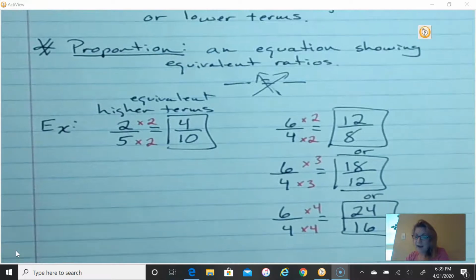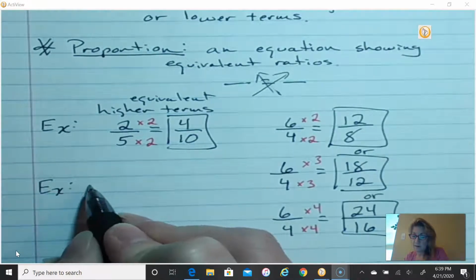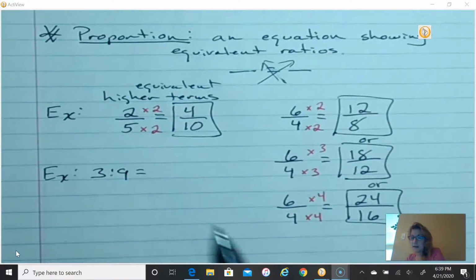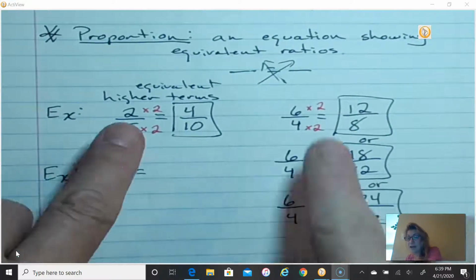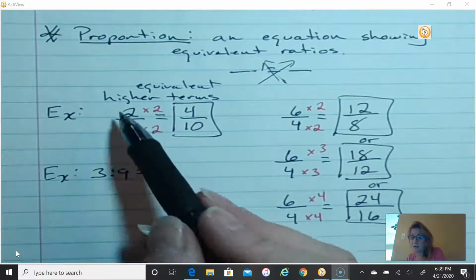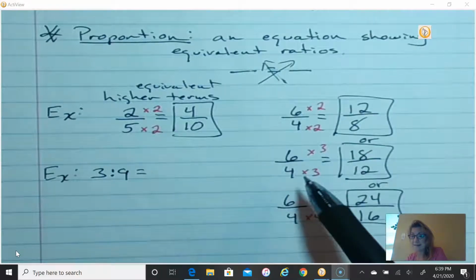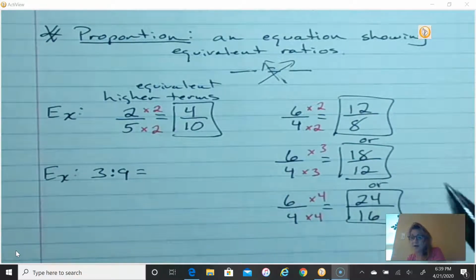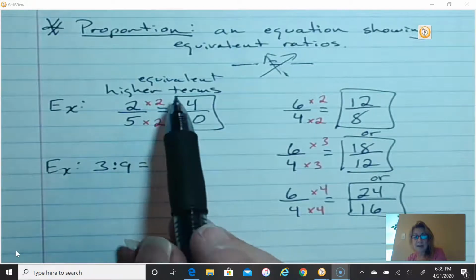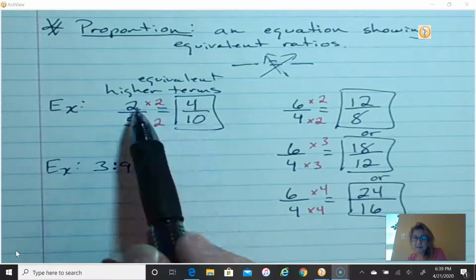What about if I had, speaking of ratios, 3 to 9? Again, we're doing ratios. They look like fractions, and we're kind of treating them as that, but they're not. This is 2 to 5, 4 to 10, 6 to 4, 12 to 8, 6 to 4, 18 to 12, etc. This is 3 to 9, but we need to get an equivalent ratio in higher terms.